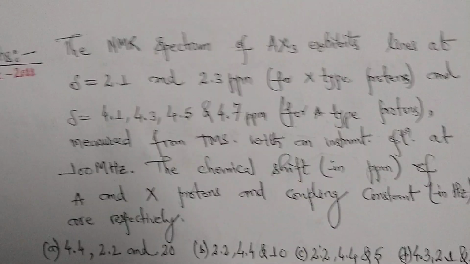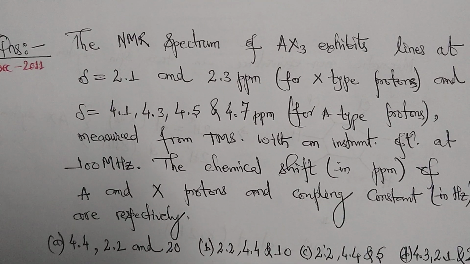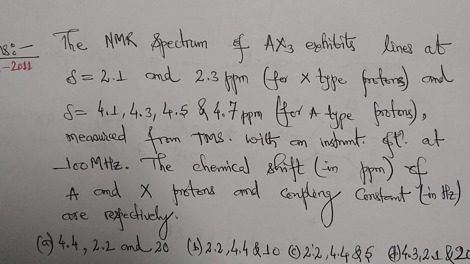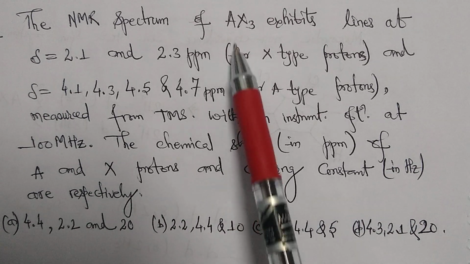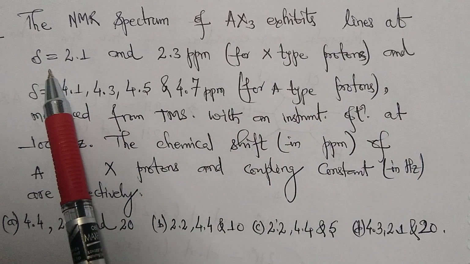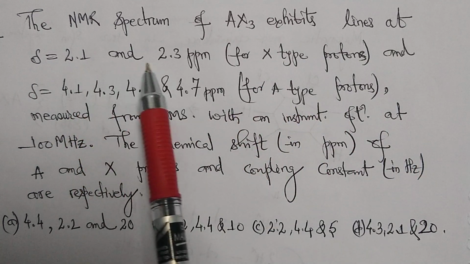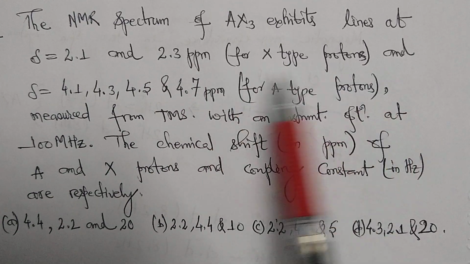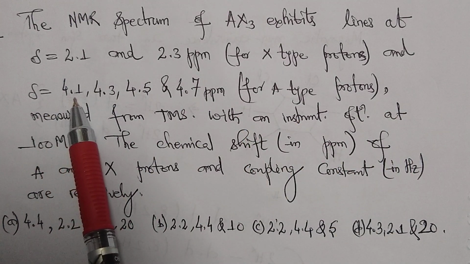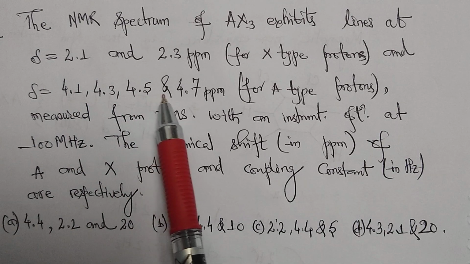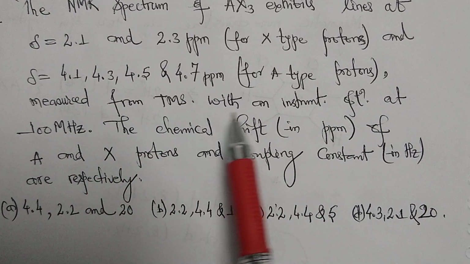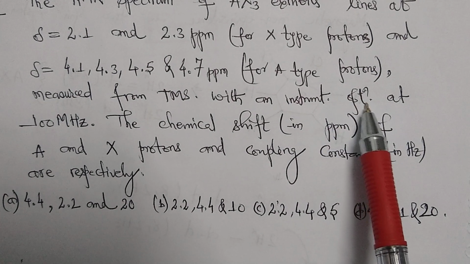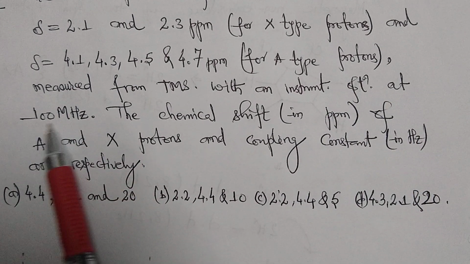This question was asked in NET December 2011. In this question, the proton NMR spectrum of AX3 exhibits lines at delta equals 2.1 and 2.3 ppm for the X type of proton, and delta equals 4.1, 4.3, 4.5 and 4.7 ppm for the A type of proton, measured from TMS with an instrument operating at 100 MHz.